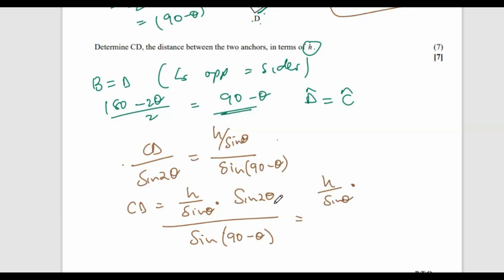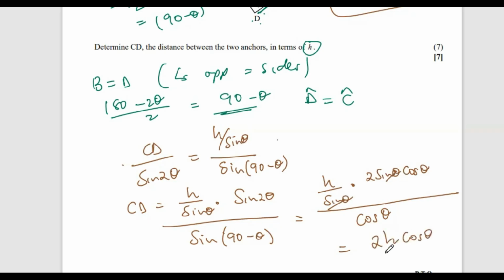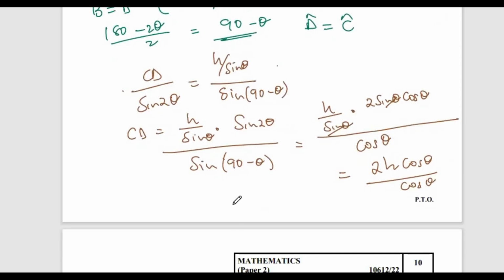We know that the double angle of sine is 2 sine theta cos theta. When we simplify this with the reduction, sine 90 minus theta gives us just cos theta. So this can cancel that. I'll be left with 2h cos theta over cos theta, and then the cos theta and cos theta will also cancel, which means CD is twice h.